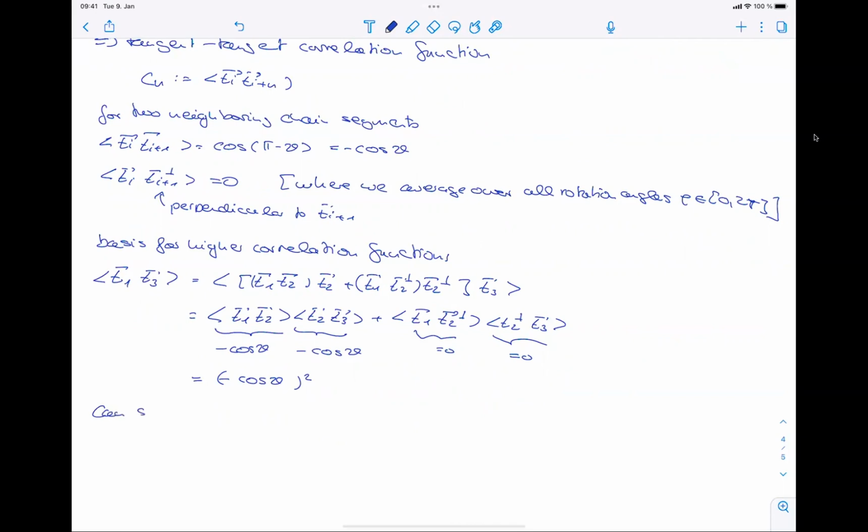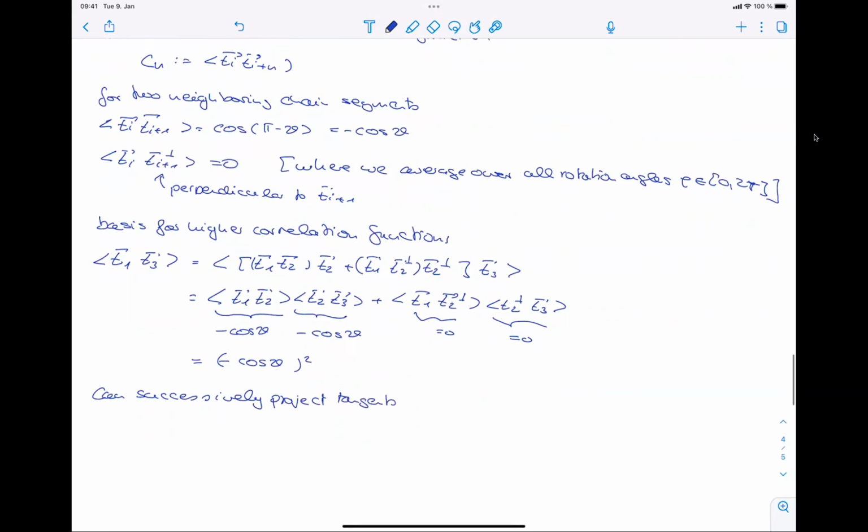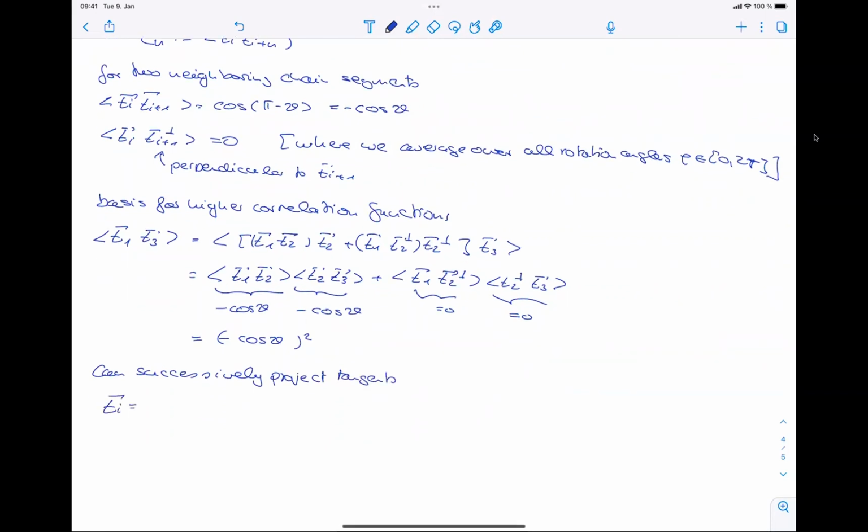So we can now successively project tangents Ti by writing Ti as a product with its nearest neighbors, and then decomposing its nearest neighbors into its next nearest neighbors, sorry, Ti plus 1.